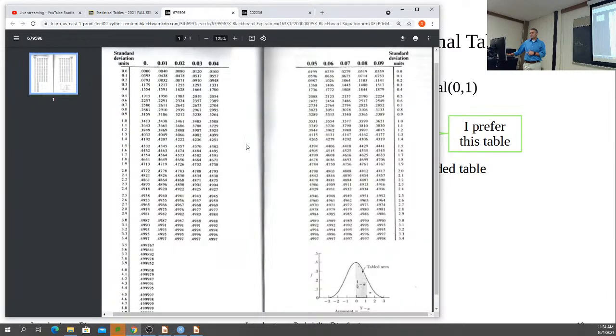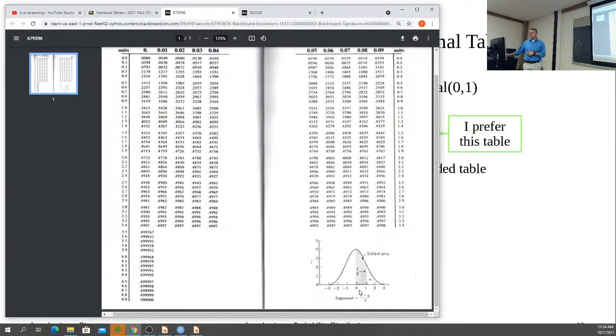On this graph, this is the area from 0 to our point. So if we ask the area to the left of this line, well, this table only gives us this part. We then have to add 0.5 to cover the rest, because again, the total area under the curve is 1.